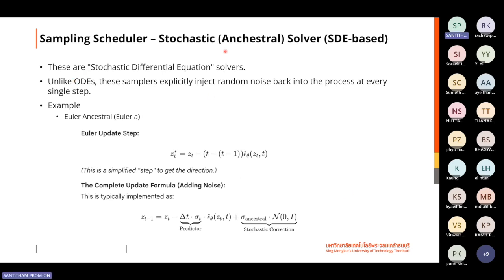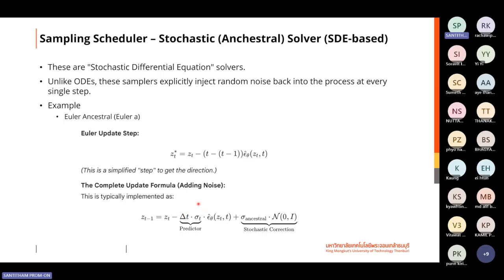The stochastic differential equation solver, the Euler ancestral, Euler A. The Euler update step, zt star, this is zt, and then you have the predicted noise. In this, it contains two parts.